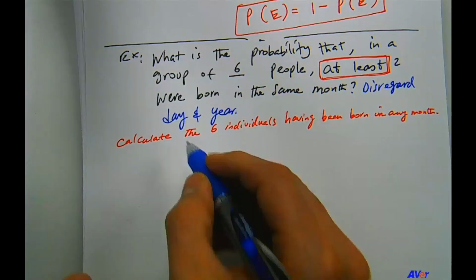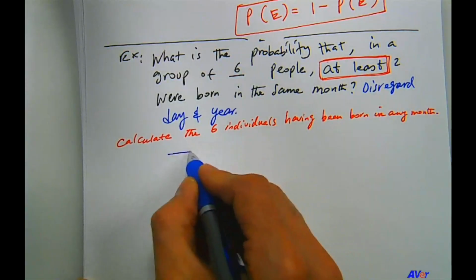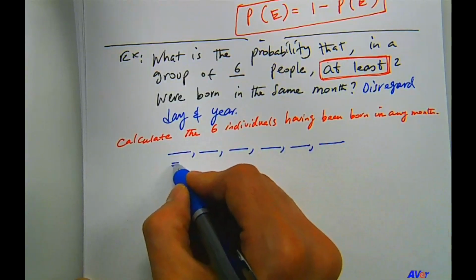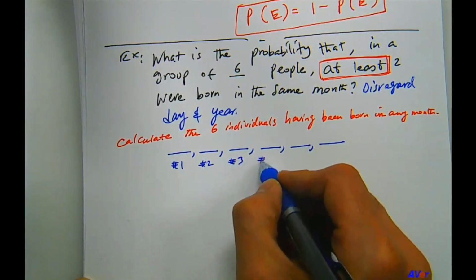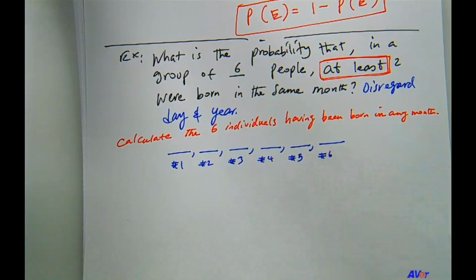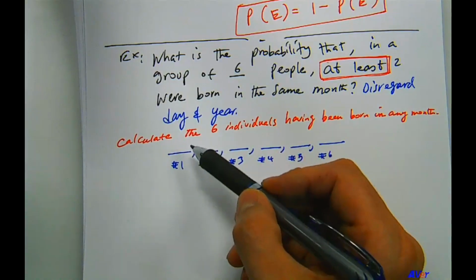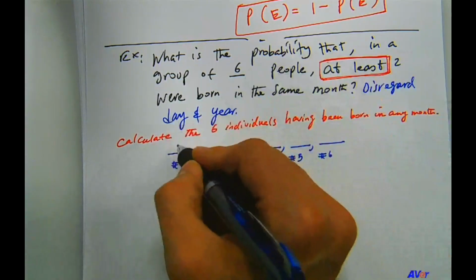Okay, how do we calculate that? Very easily. We already know about the multiplication principle. Remember that? So 1, 2, 3, 4, 5, 6. Individual number 1, number 2, well, how many months could this person have been born in? 12, right?